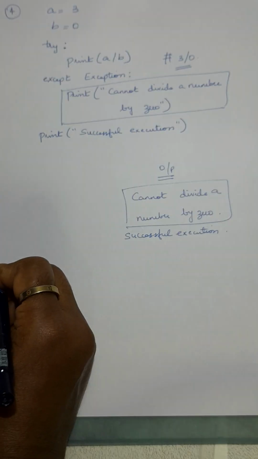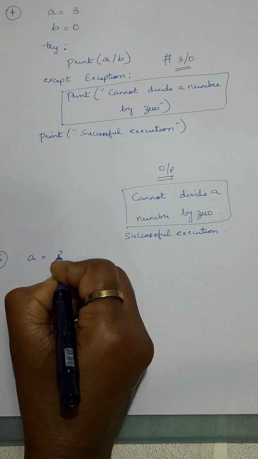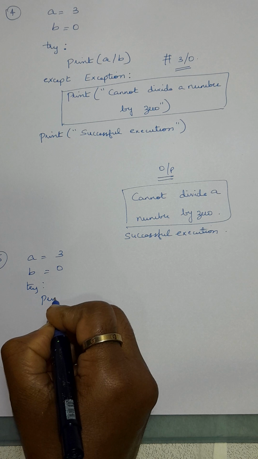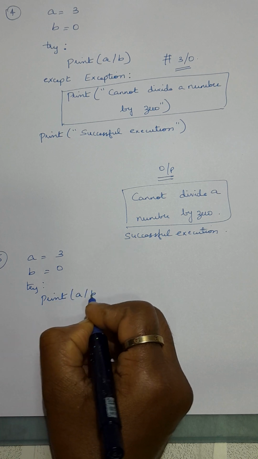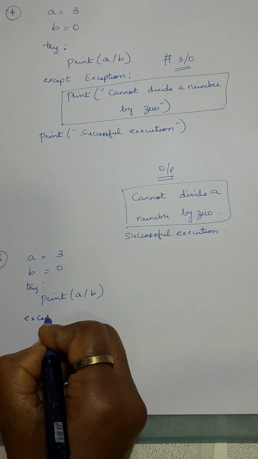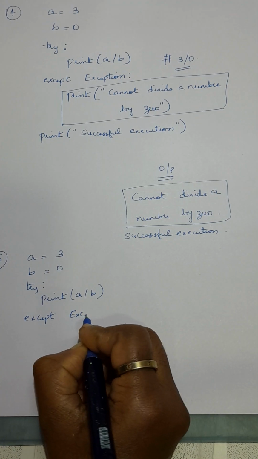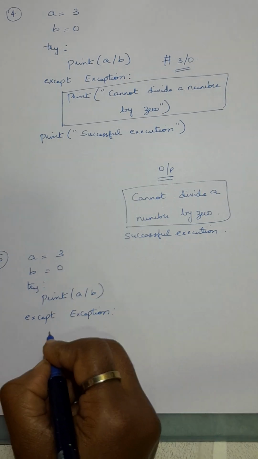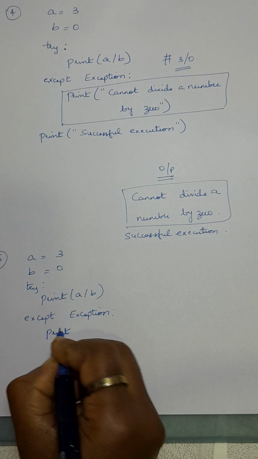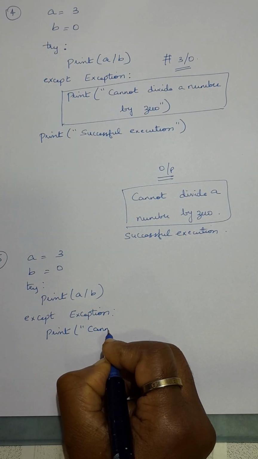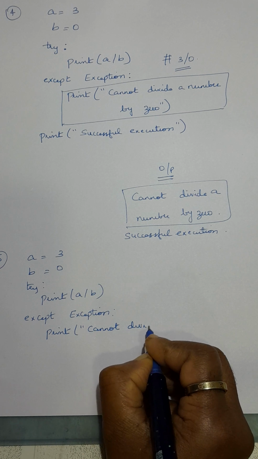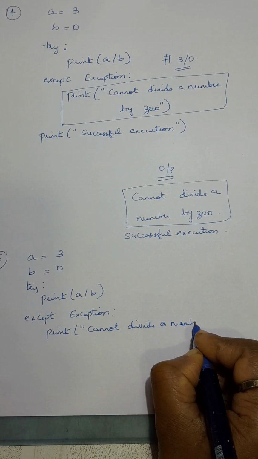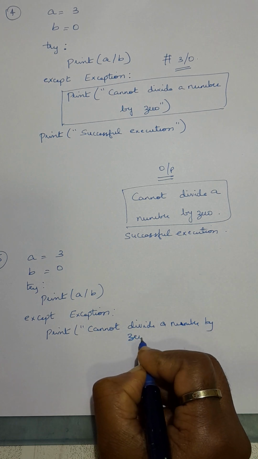Now I'll just change part of the code. Just observe, a is equal to 3, b is equal to 0, I'm trying print a divided by b. Then if there is any error, except Exception, print cannot divide a number by 0.